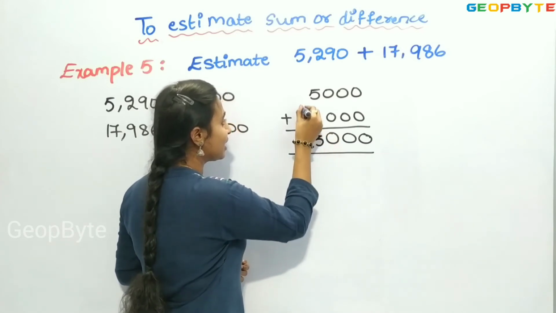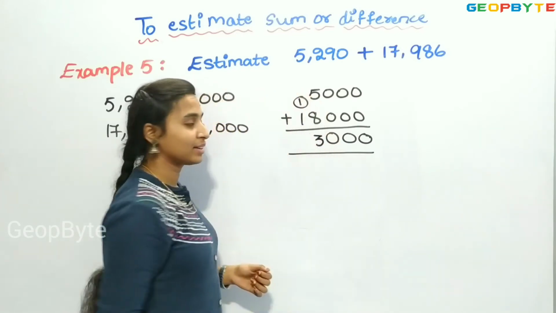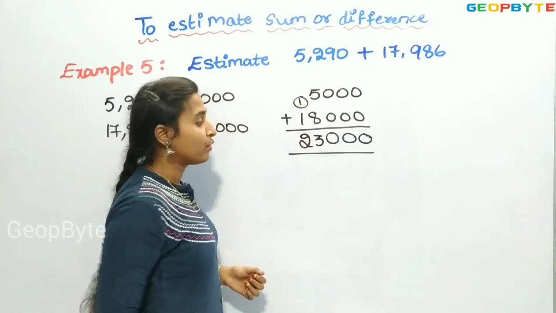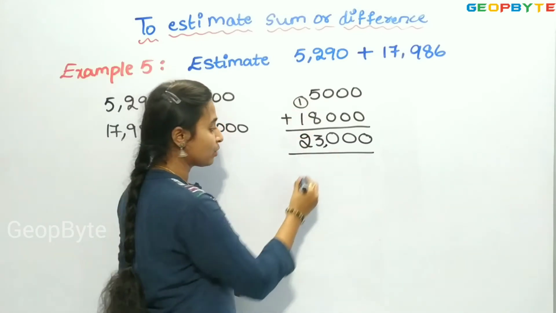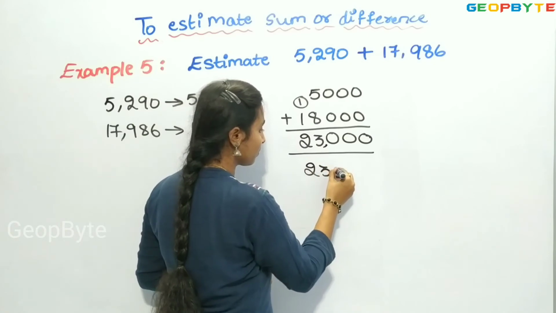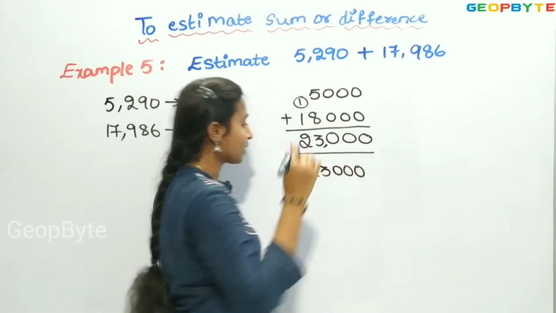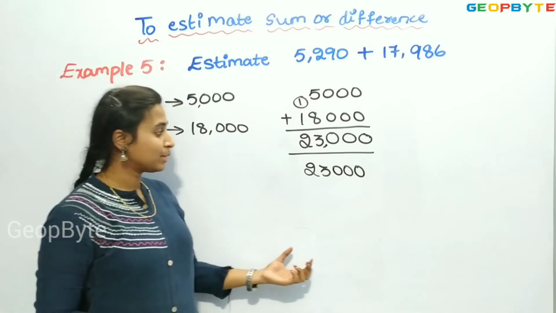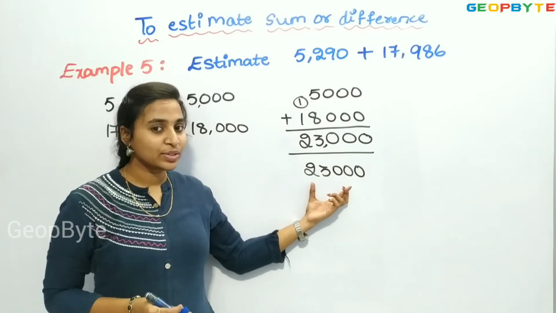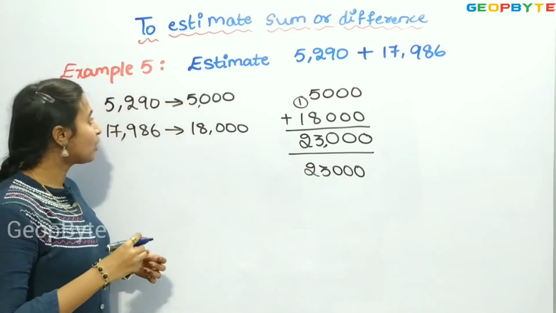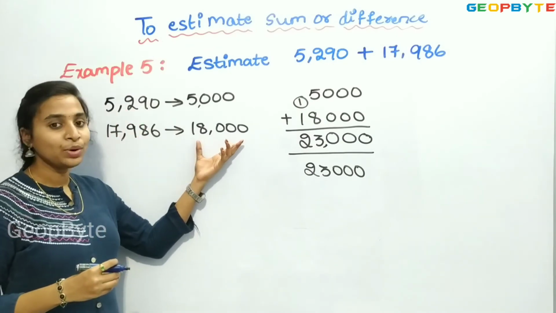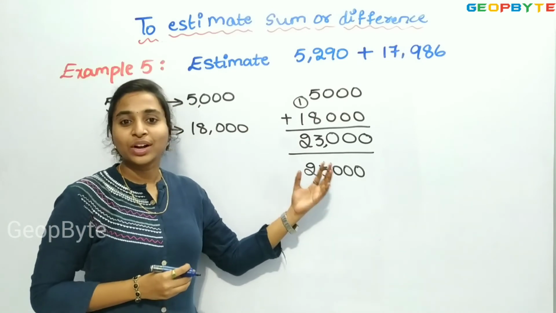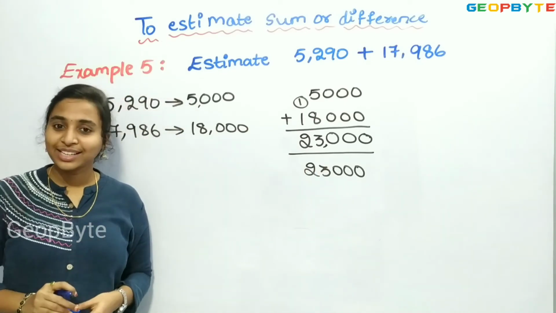Write the 3 here, carry 1 here. Now, 1 plus 1, 2. We got 23,000. The approximate value, right? We estimated that 23,000 is the answer as we rounded off the numbers to their round figures and finally calculated. We got 23,000 as the estimated value.